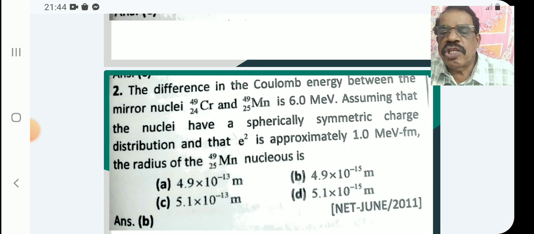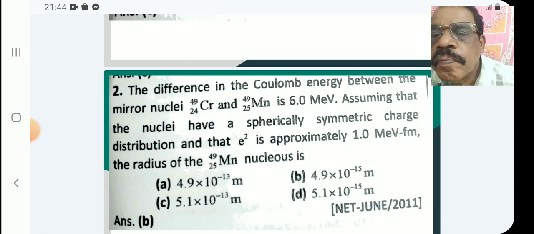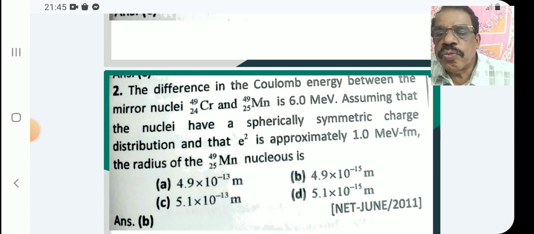A, 4.9 into 10 raised to minus 13 meter; 4.9 into 10 raised to minus 15 meter; 5.1 into 10 raised to minus 13 meter; 5.1 into 10 raised to minus 15 meter.